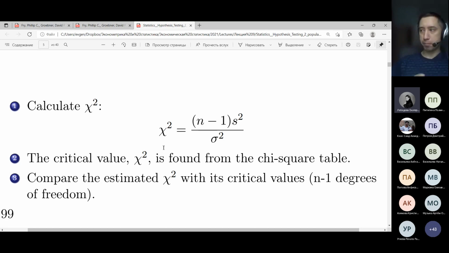We should reach an agreement that, for example, 10 is our threshold. If our variance is greater than 10, we should state that our variance is different from a certain number, i.e., we should reject the null hypothesis.